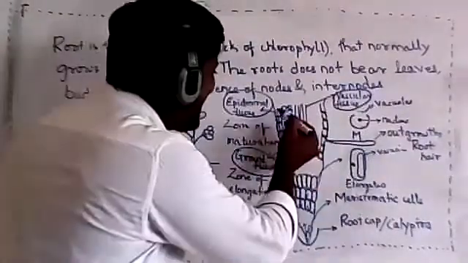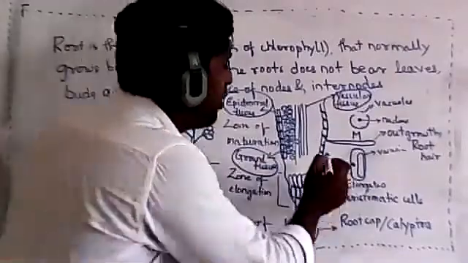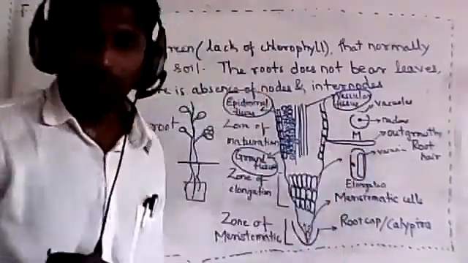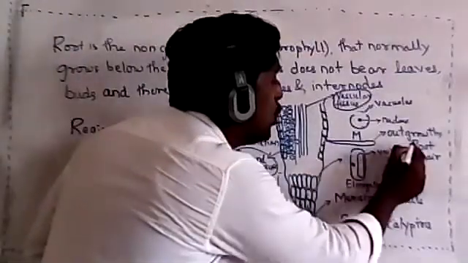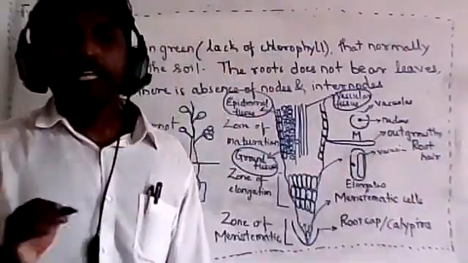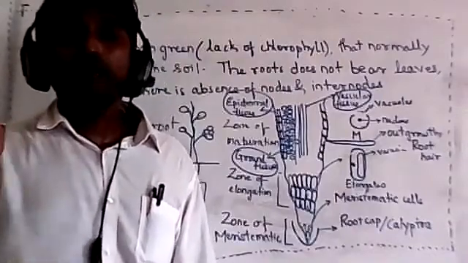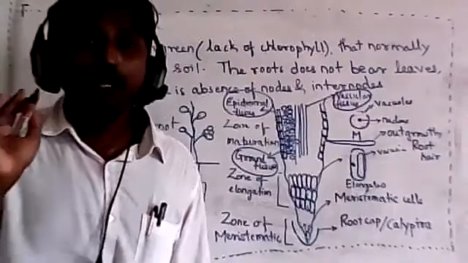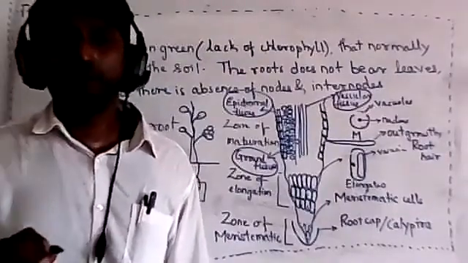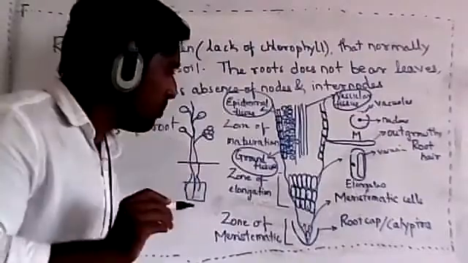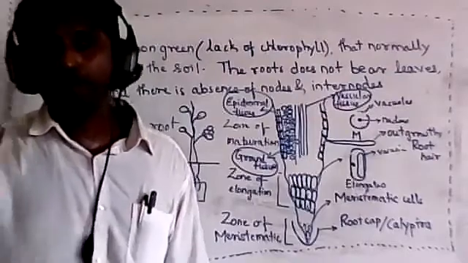Also, from some of the epidermal tissues there will be some outgrowths. These outgrowths are called root hair. In the NEET exam they ask this as a question: in which zone do root hairs exist? Then it is going to be the zone of maturation.